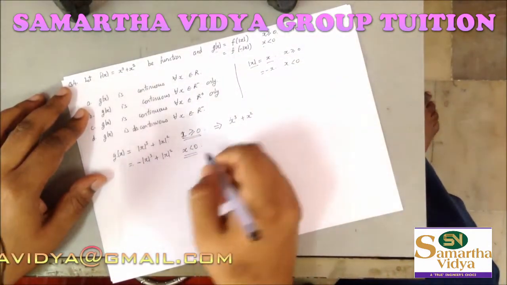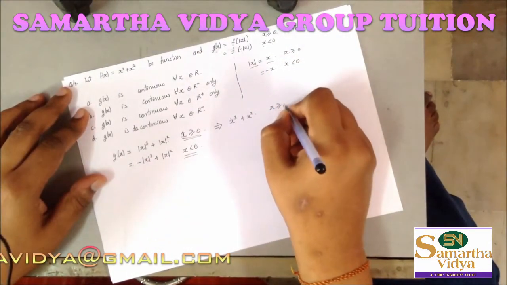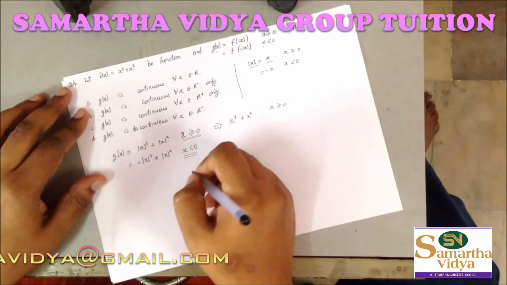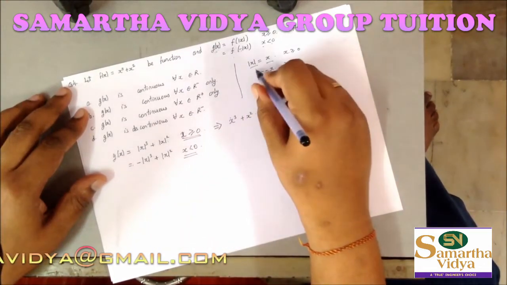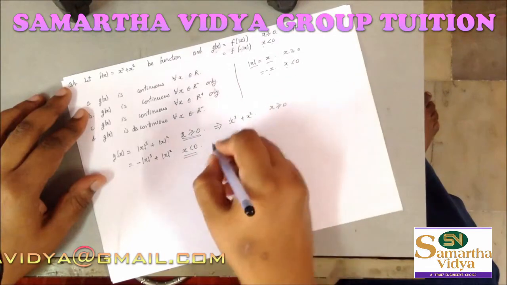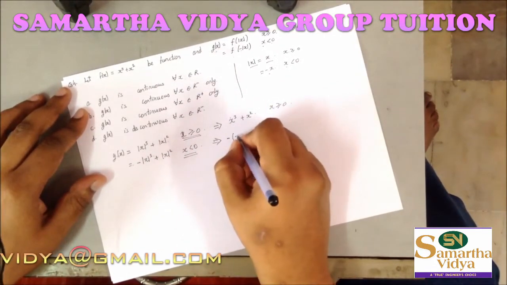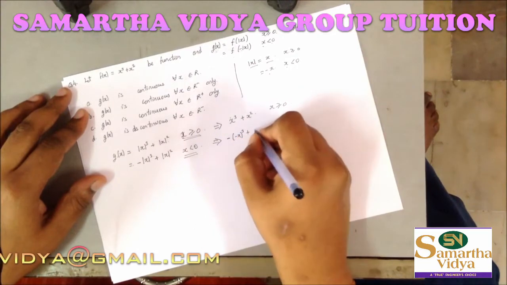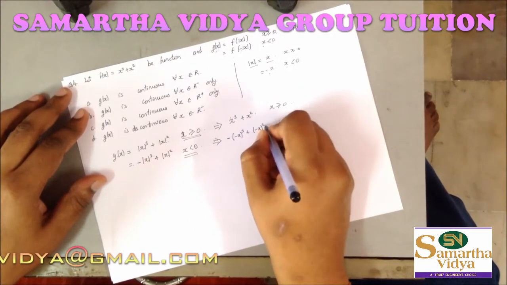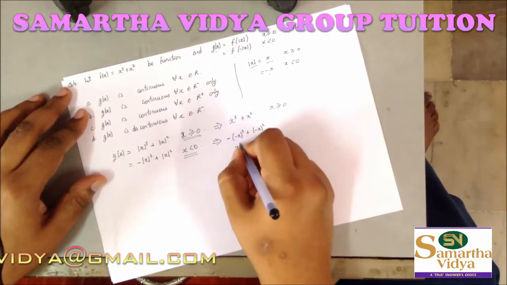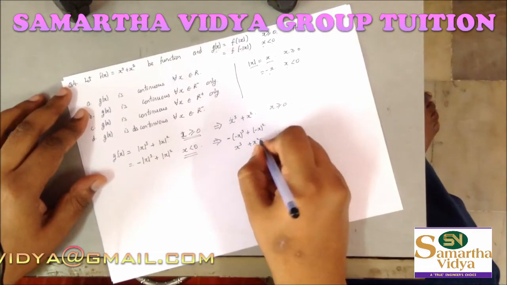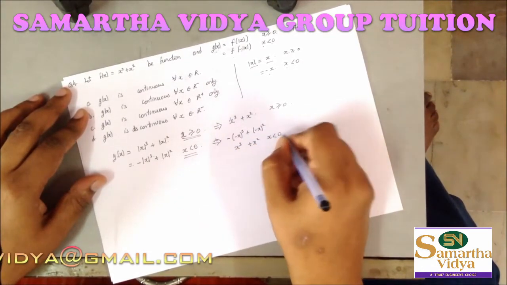Now for x less than 0, we have to substitute |x| as -x. So this becomes -(-x)^3 + (-x)^2. So you can see from here, this remains x^3 + x^2. That is for x less than 0.